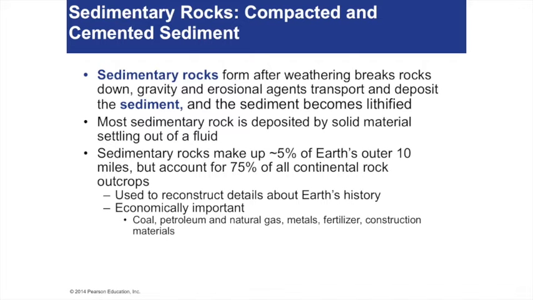Sedimentary rocks really only make up about 5% of the rocks. Remember that most of the rocks on Earth are igneous rocks. Almost 90% are silicates, and so they're igneous. And you can have igneous rocks that break into sediments and then form sedimentary rocks.